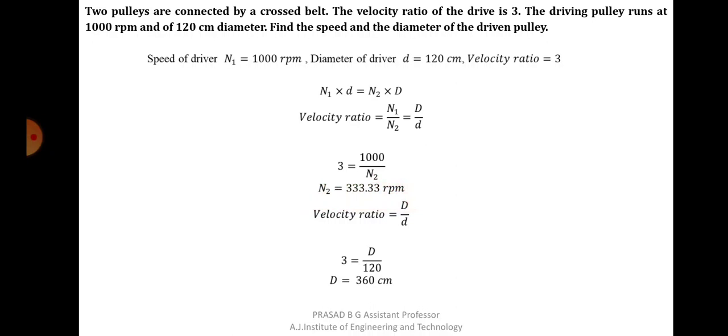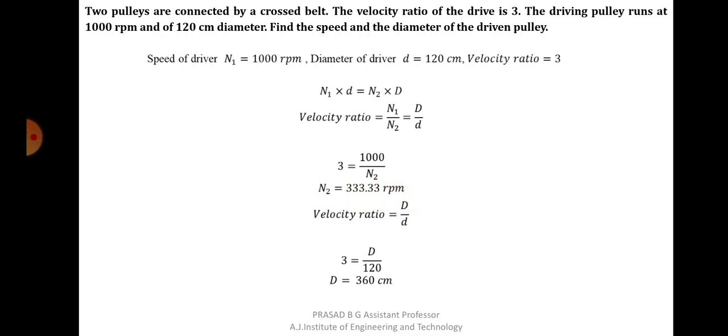So we also know that velocity ratio is equal to n1 by n2 is equal to d2 by d1, or capital D by small d. So that is also equal to D divided by d, isn't it? Small d, the diameter of the driver is given, 120. Driven we have to find out. d1 is given, d2 we have to find out, or capital D in this case they have taken.